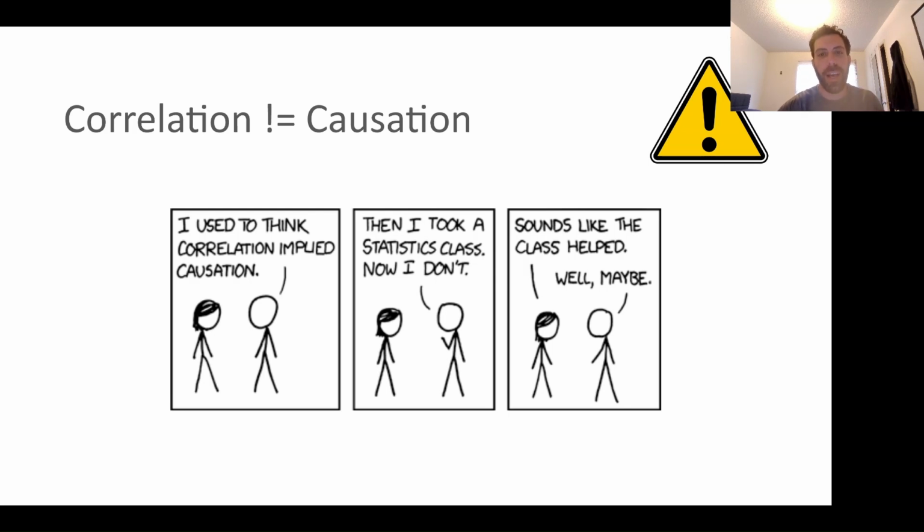The statistics class obviously did have the effect of explaining causation to him, but he's taking it very seriously and remarking that he's unsure. But yeah, I think as statisticians, it's always important to keep that caveat in mind, right? These things vary together. One might be helpful in predicting the other, and vice versa, but that doesn't necessarily mean there's a causal effect. If this happens, then this will happen to the other variable.